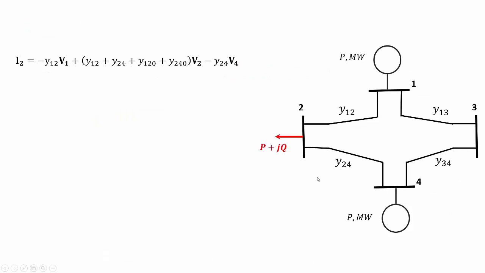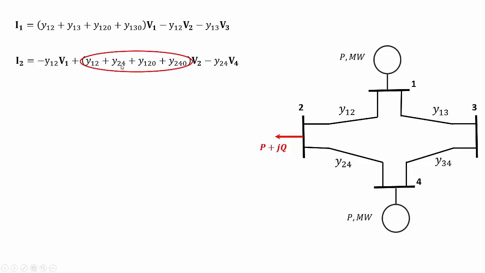Okay, so bearing that in mind, we look at this network now. We try to write down the current out of each bus in terms of the admittance of the transmission links and also to ground. So I1, bus bar 1, is connected to 2 and to 3. I just mentioned before that this is the sum of the admittance connected to the bus bar. We'll do that for I1.